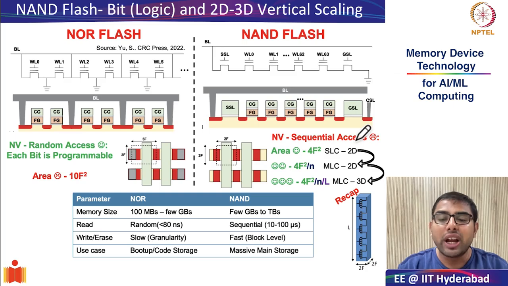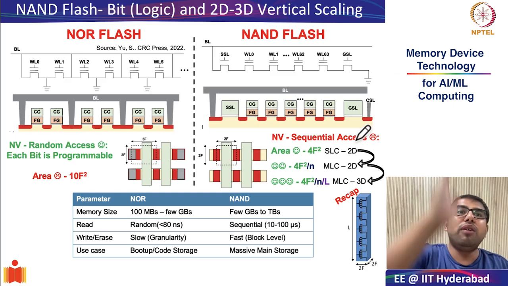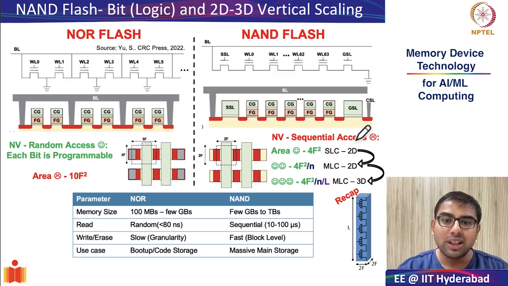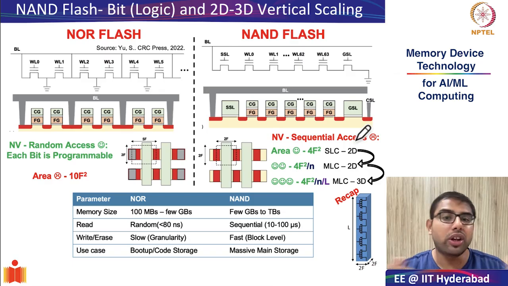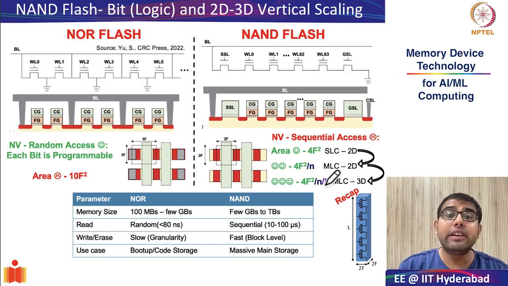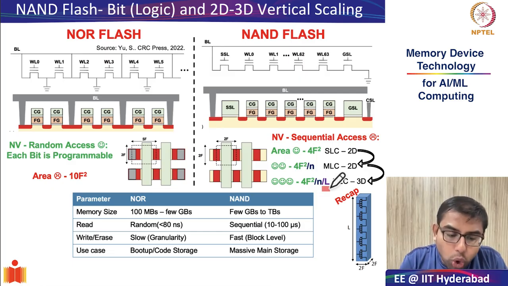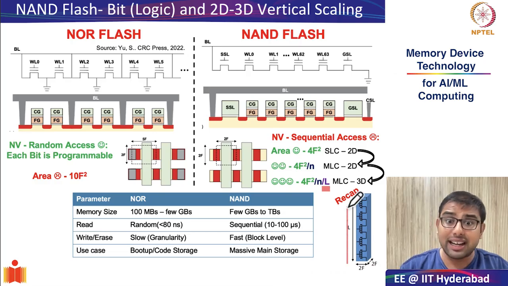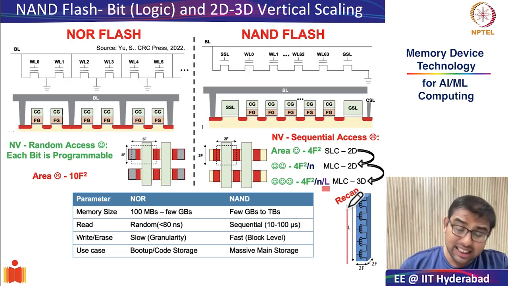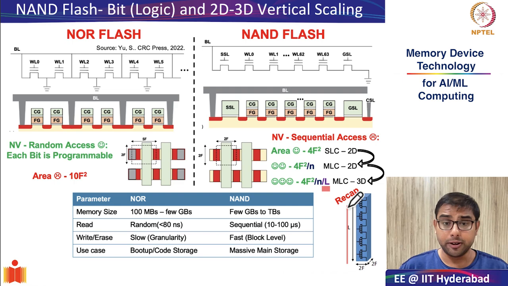So now you are able to scale in the vertical dimension also. This is called 2D to 3D NAND flash, and this gives you further improvements in areal bit density. Why? Because not only are you cramming more bits into the same footprint, but now you're also creating a tower of flash cells which are vertically integrated.